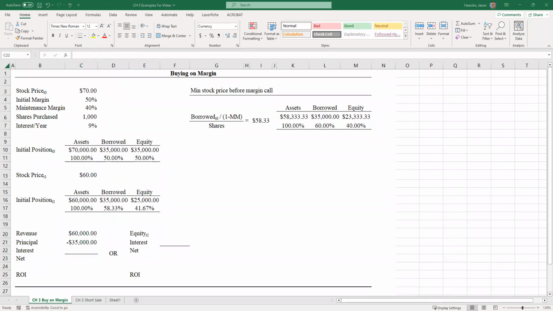And now you have to pay interest. We have to cover the interest charge of 9%, assuming that you held it for the period required for that 9%. So we go ahead and take the amount borrowed, we're going to deduct it as well. So we take the amount borrowed times the 9%.